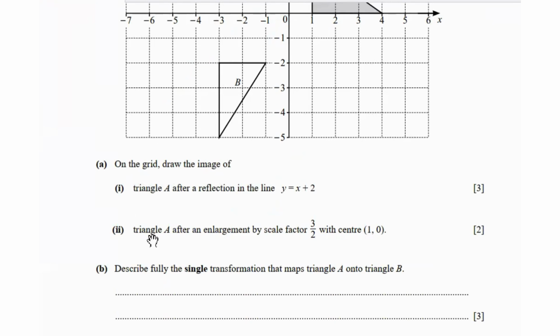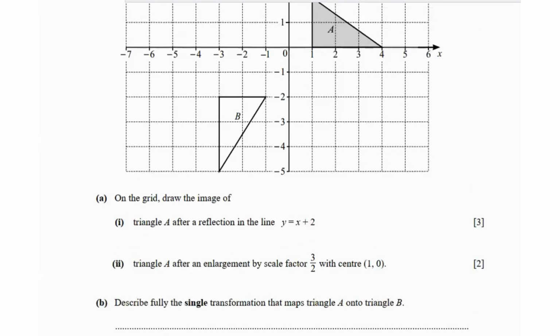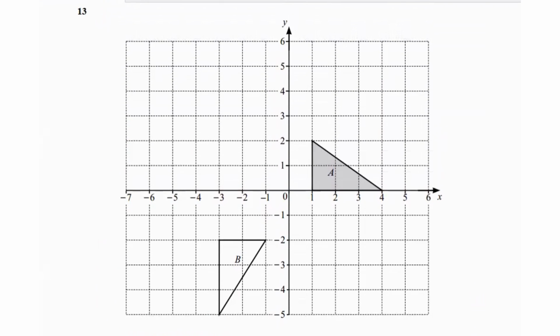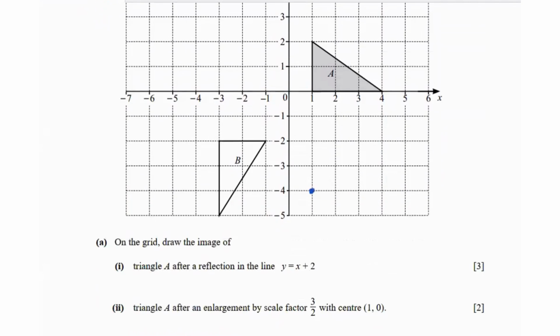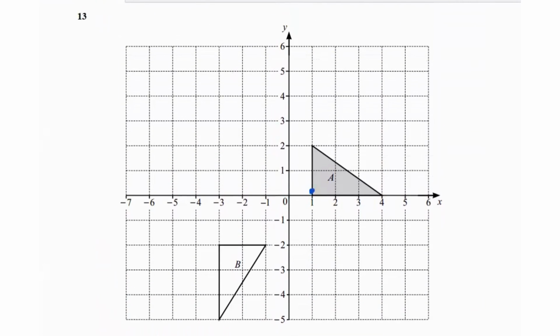Then it says draw the image of the triangle A after an enlargement by scale factor 3/2 with center (1, 0). Center (1, 0) is this. Scale of enlargement is 3/2.